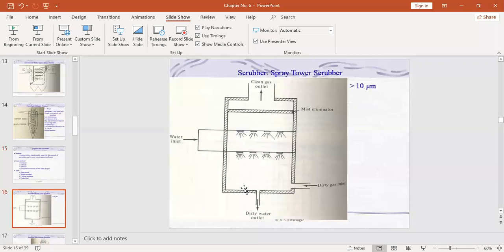I will explain the function first, and then the types. The types are not the matter, it is just changing the direction. How does a scrubber work, what is its function? Basically, as I told you, the scrubber can be used for the removal of pollutants from wet air. The earlier two can be applied for dry air.